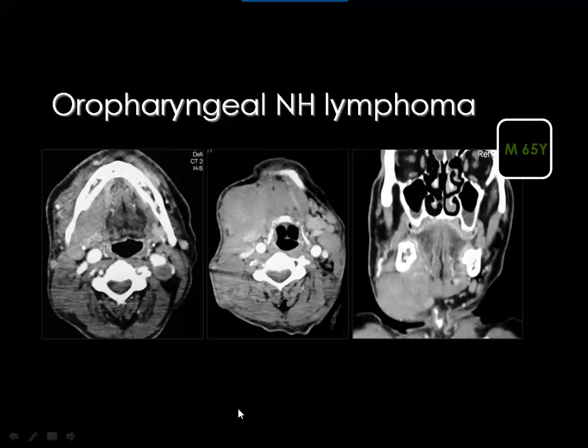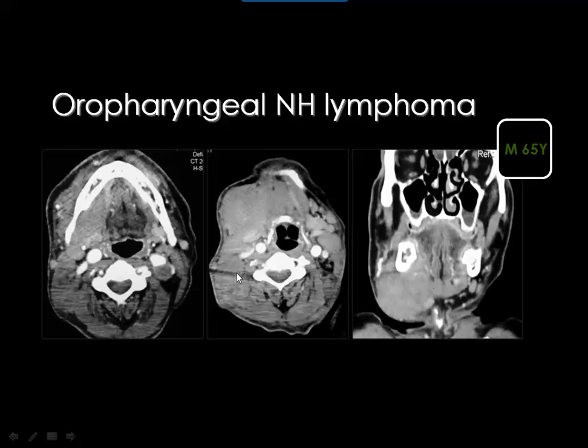Then in oropharyngeal non-Hodgkin lymphoma, there is a mass in the right side of the mouth floor, and this mass has also infiltrated the adjacent part of the upper neck, and is not clearly separable from the related muscles of the mouth floor, as you can see here.